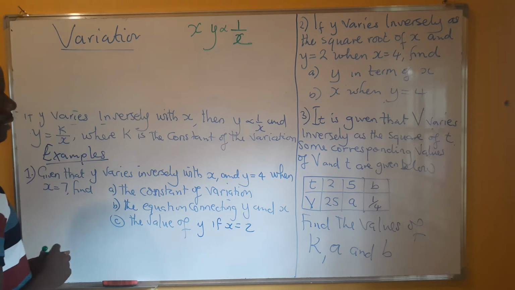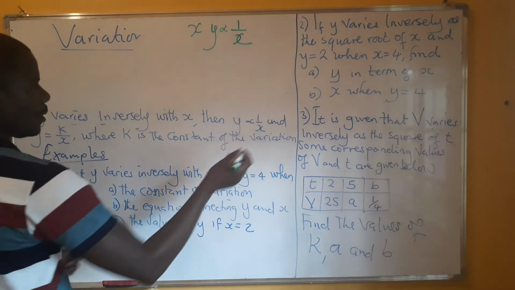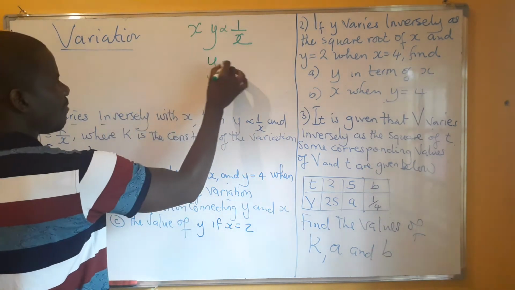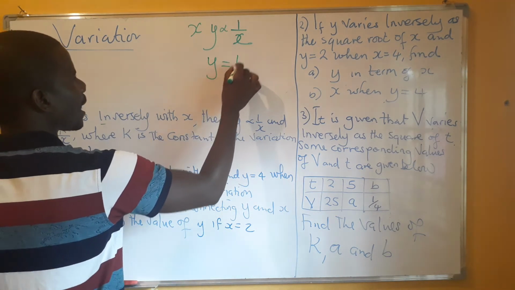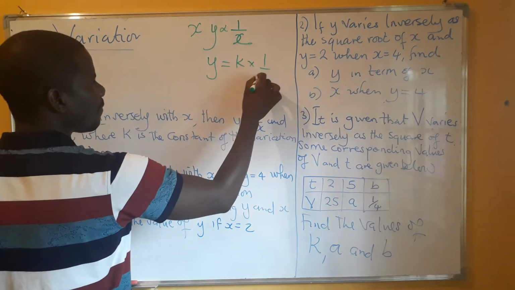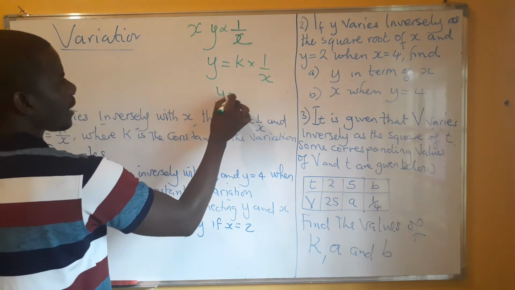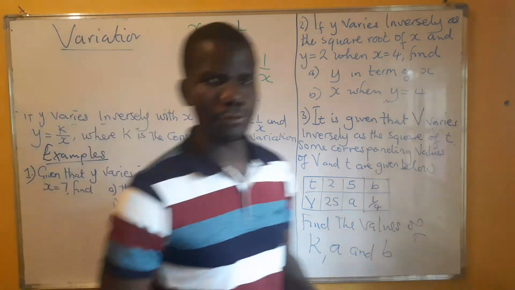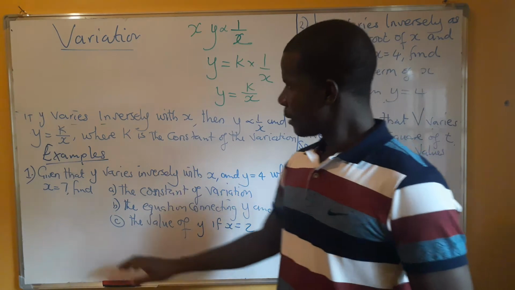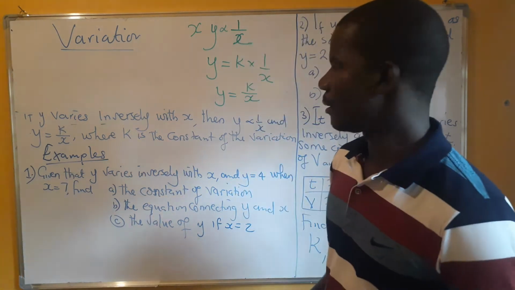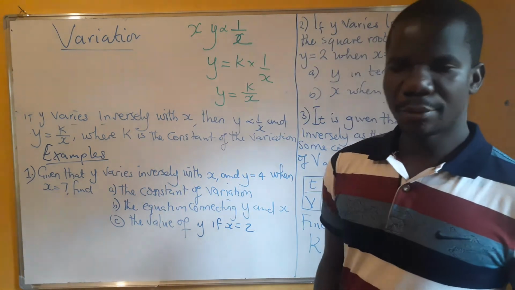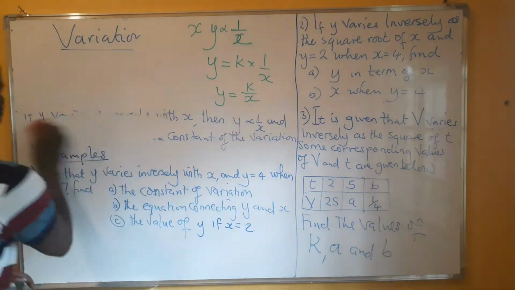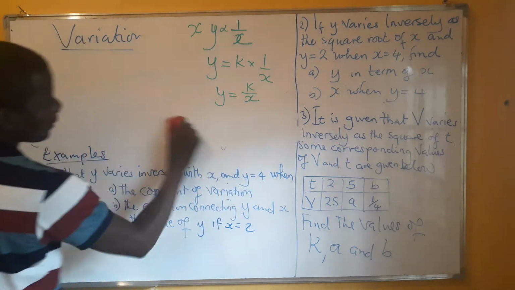And the equation that we are going to be using under inverse is where we have k multiplied by 1 over x. And this gives us k over x. So this is the equation that we are going to be dealing with. Are we together? I've explained this part.